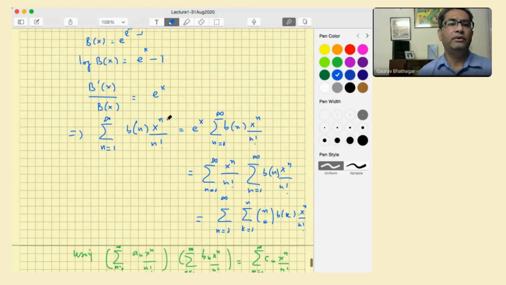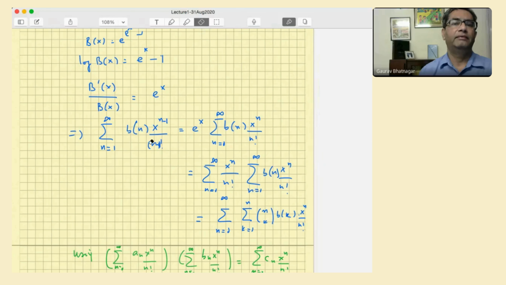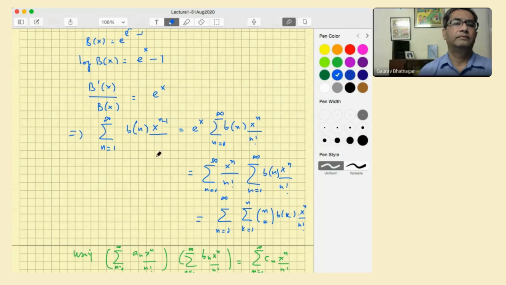But there is something wrong here. This is a mistake. I think it's b(n plus 1), because I'm taking the derivative. So this is n going from 0 to infinity, b(n plus 1) x to the n over n factorial.